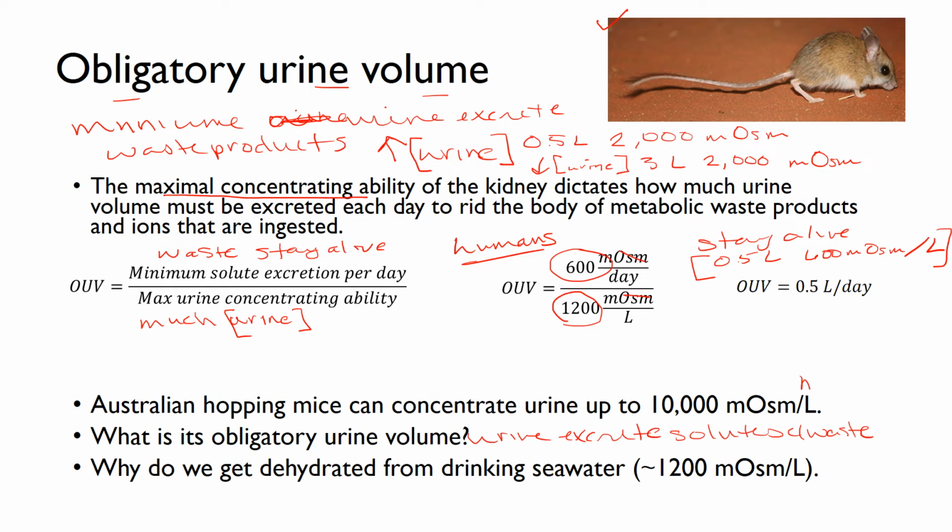This is the highest amount on the planet that we know of. And that is because their loops of Henle, proportional to their kidney, are 10 times greater than the human loop of Henle. Obviously, they're a mouse, so their kidneys are pretty little. But their loops of Henle, compared to the size of their kidneys, are enormous. So they can concentrate their urine up to 10,000 milliosmoles per liter.